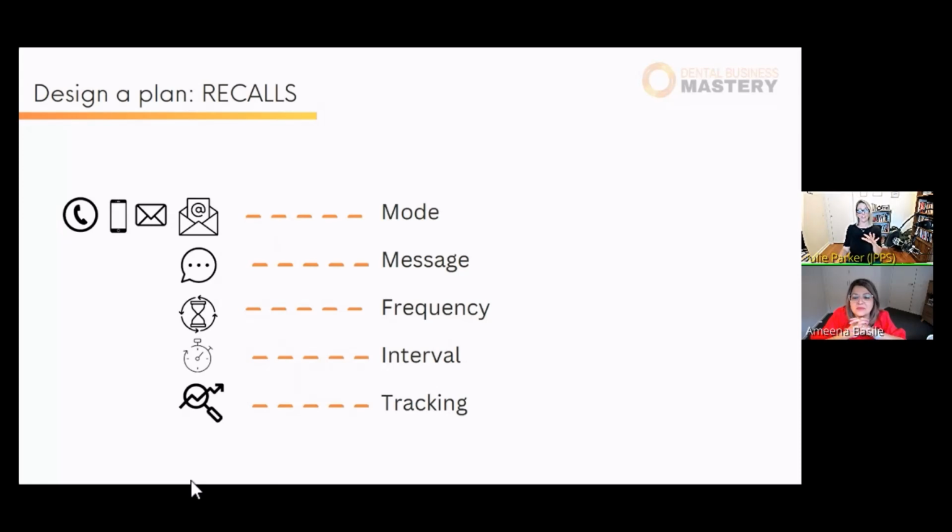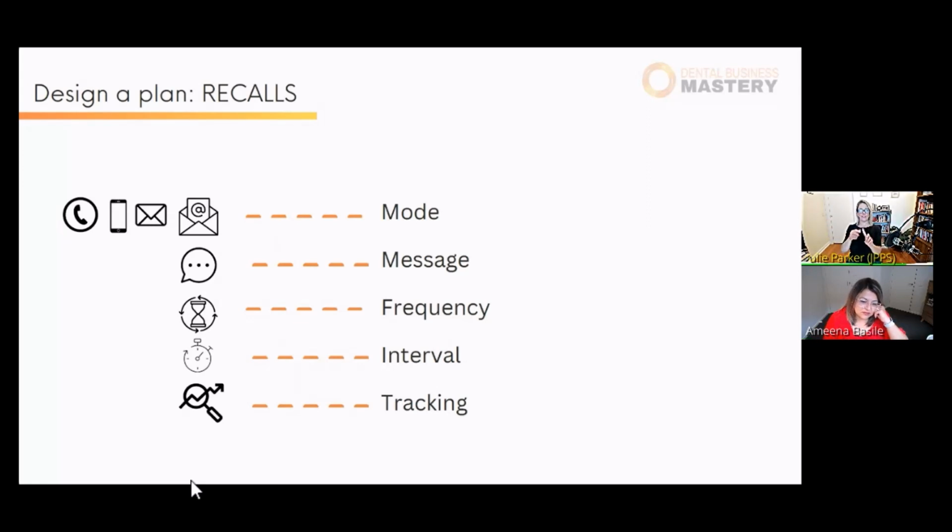Once we've decided on the frequency, because the more times we hit people, the more chances we've got to have greater success with every additional communication, we will get more and more bookings, up to a limit, of course. When we get many emails about a webinar, it just irritates us. Same with dental. Then we're looking at the interval between each of these communications.